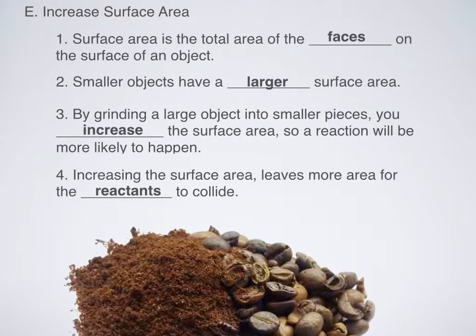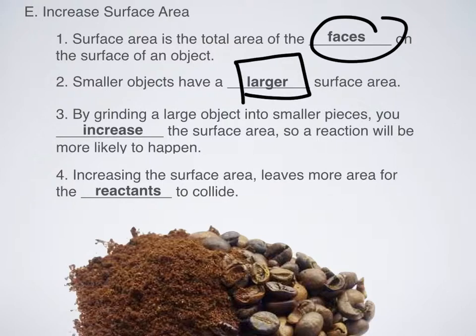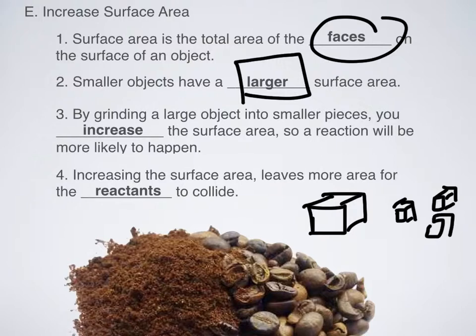Increasing surface area. Surface area is the total area of the faces on the surface of an object. Smaller objects, by definition, have a larger surface area, and it kind of makes sense. If I have a gigantic cube of a substance, and I compare that to tiny little cubes of a substance, these tiny little cubes that make up this larger cube have many more faces for me to use.